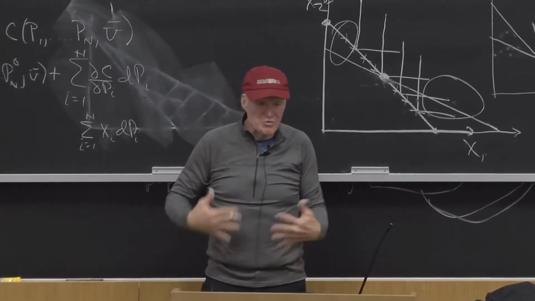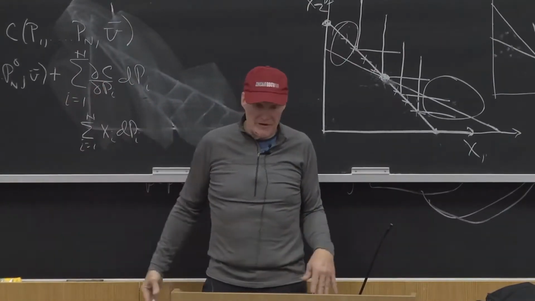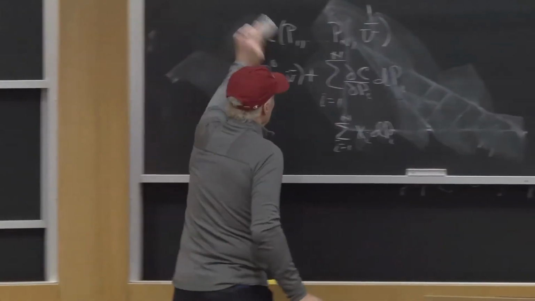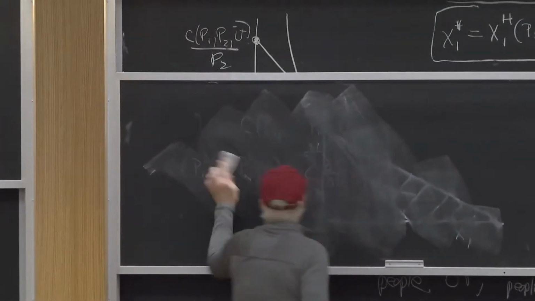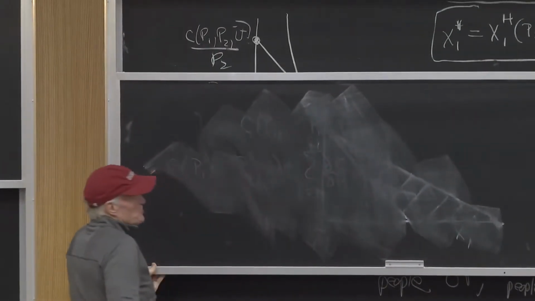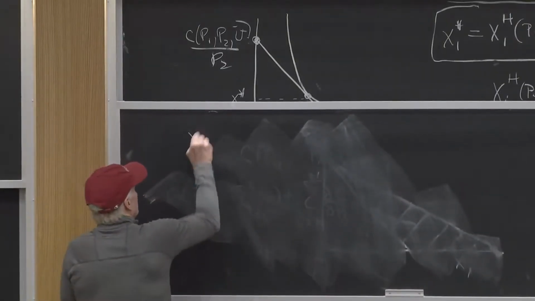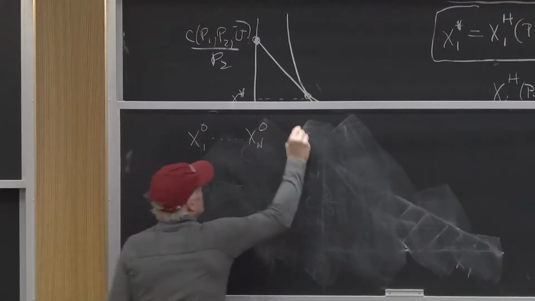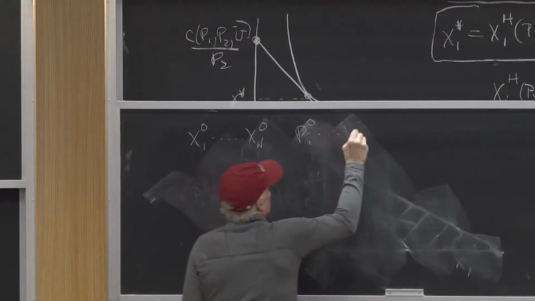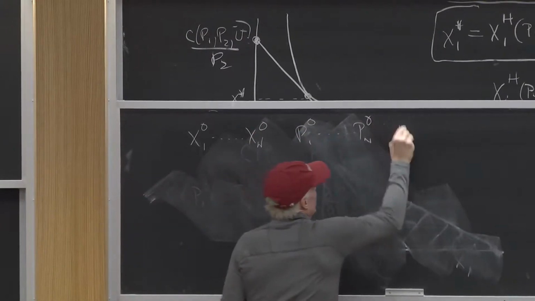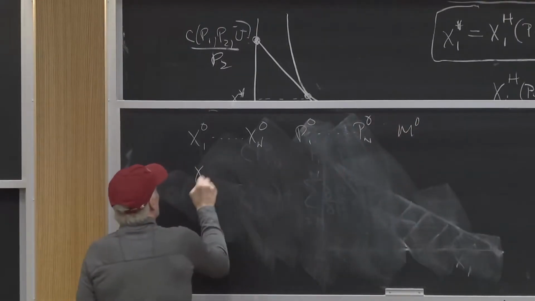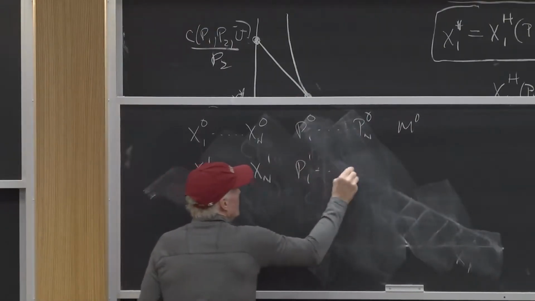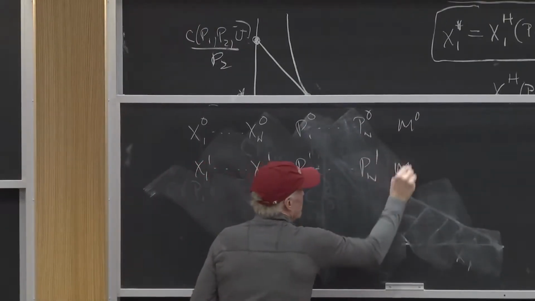So let me show you how this works. This is like the theory of how we measure things. How do we actually do it in practice? The way we're going to carry this out in practice is you think about discrete data. I've got two time periods. I've got x1 naught up to xn naught, p1 naught up to pn naught, m naught, and x11 up to xn1, p11 up to pn1, m1.